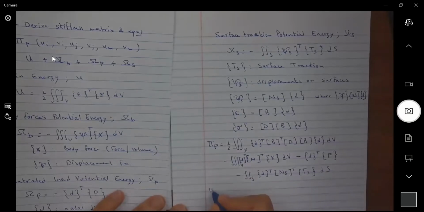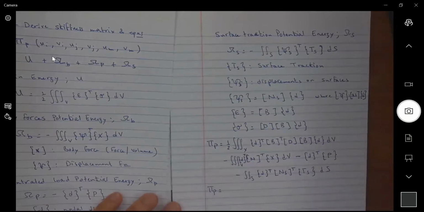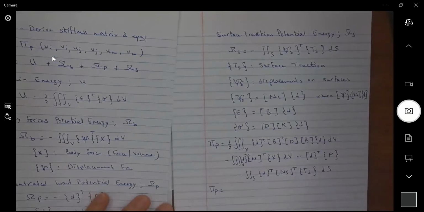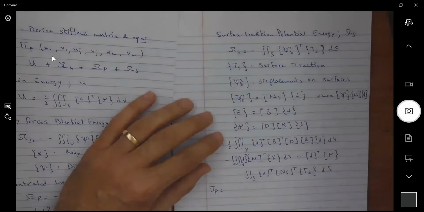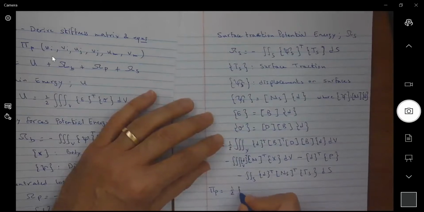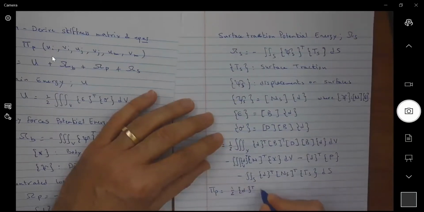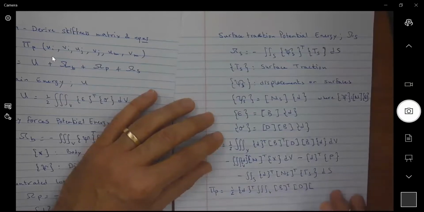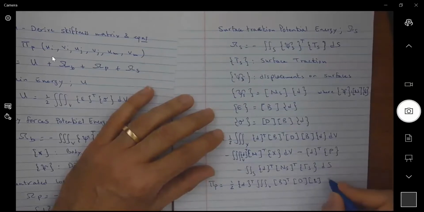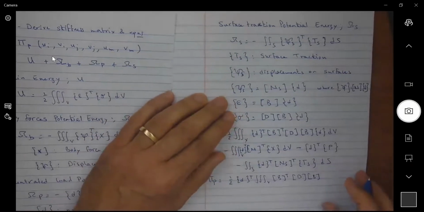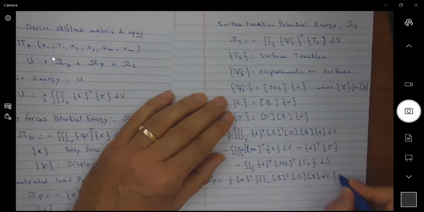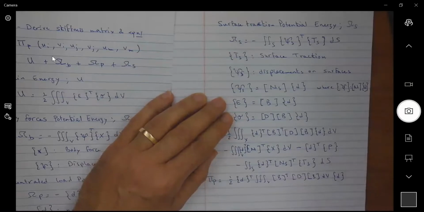Okay, let's simplify a bit. Pi p is equal to, now the nodal displacements may be pulled out, so I can get half d transpose times the triple integral over the volume of B transpose times D times B dV and then multiply by d, because d also is constant, nodal displacements.